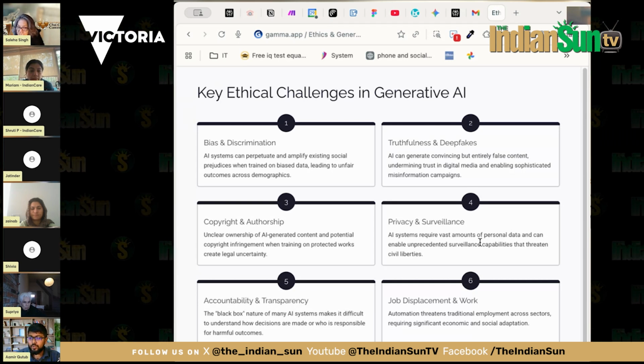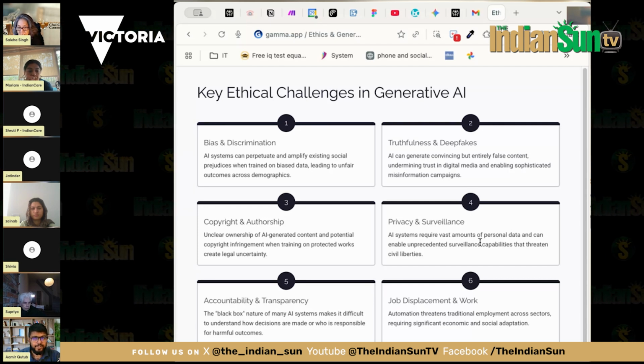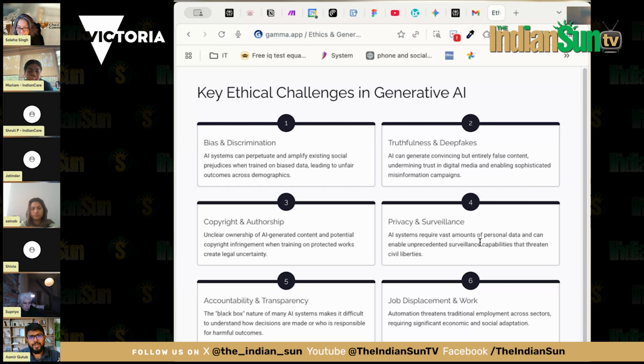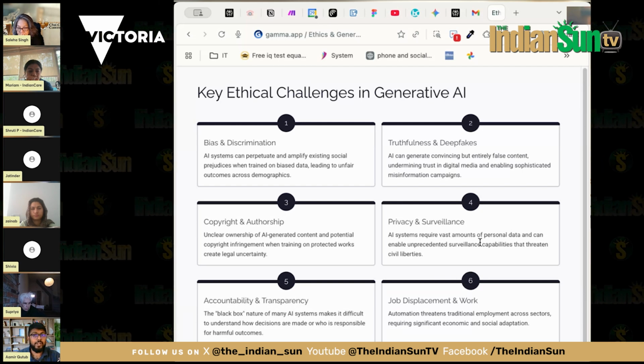The next one is around privacy and surveillance. So whenever you use the free version of ChatGPT, it's written in their privacy policies that they can use your data to train their model.